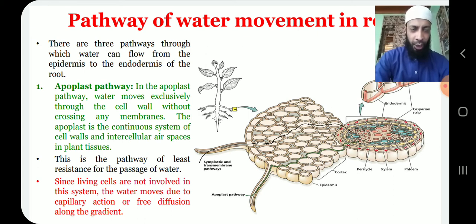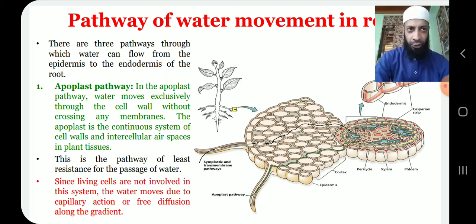So that's why it becomes necessary to adopt the second pathway, that's called symplast pathway or transmembrane pathway. Water moves through the apoplastic pathway, but beyond that point it cannot cross by cell wall due to the presence of Casparian strips. And yes, apoplast pathway is the pathway of least resistance for the passage of water.